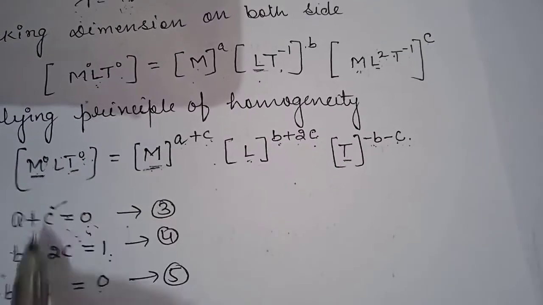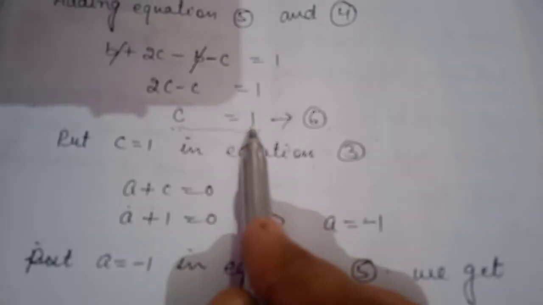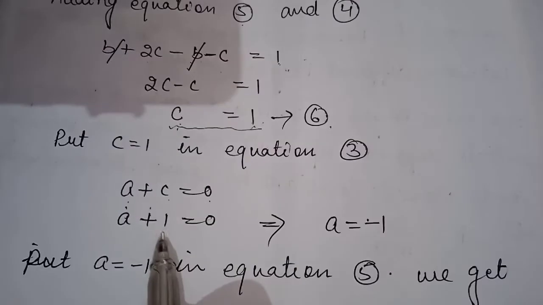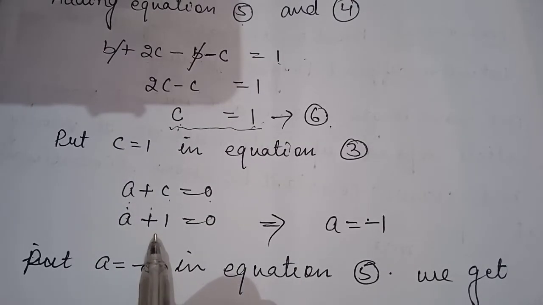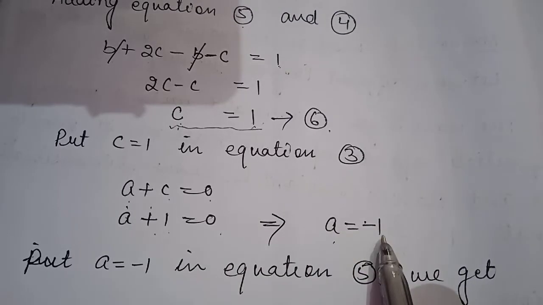Putting c equal to 1, we get a plus 1 is equal to 0, so a is equal to minus 1.